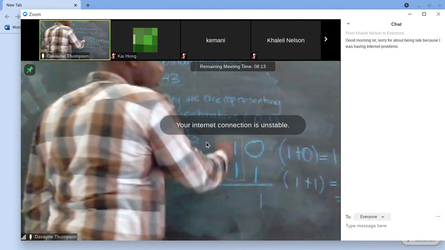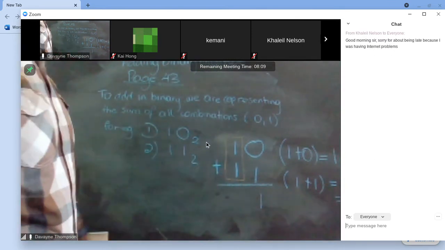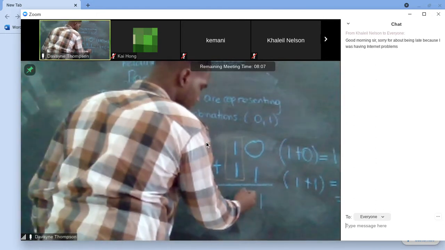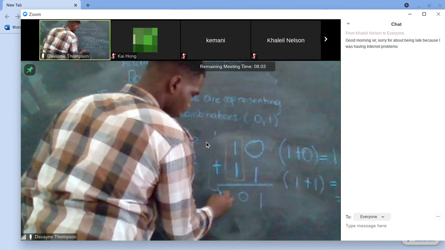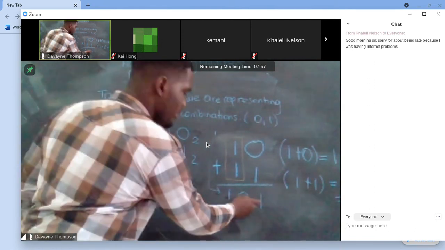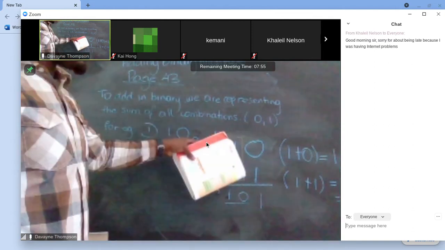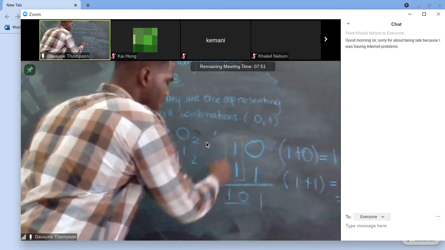So when we have 2 ones, the rule is to put down a 0 and carry the 1, and that will give us 1 0 1. So 1 plus 1 added together gives us 1 0. We put down a 0 and we carry the 1 downwards.